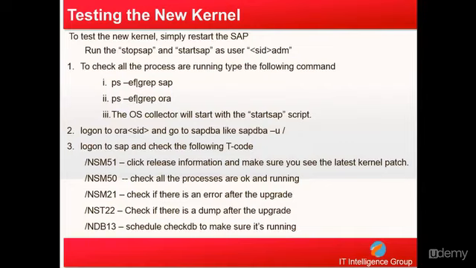Then there are a few checks you can use. We can log into SAP and check whether SM50 is working, SM51 is working, SM21 is working, ST22 is working, and DB13 is working. These checks give an indication of whether the system is working properly after the kernel upgrade or not.